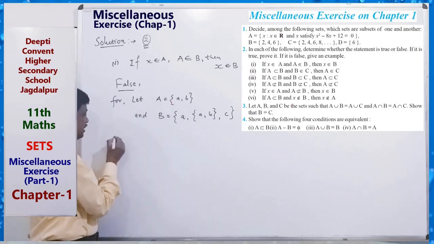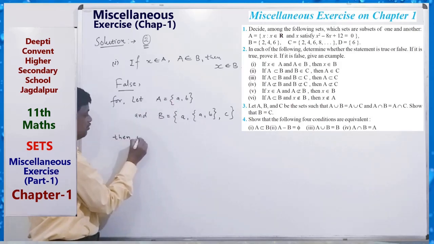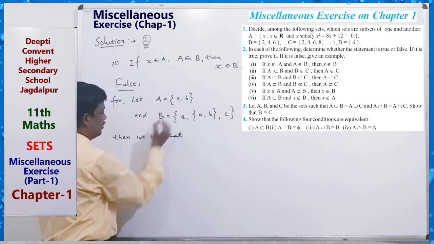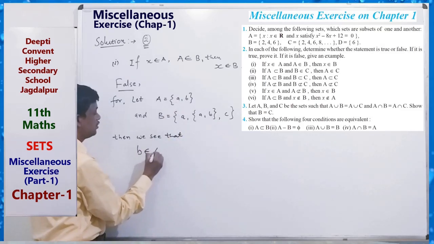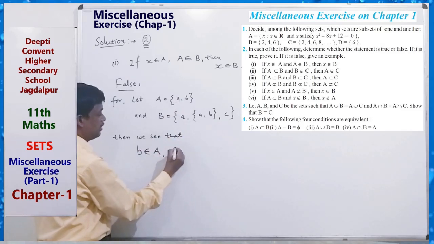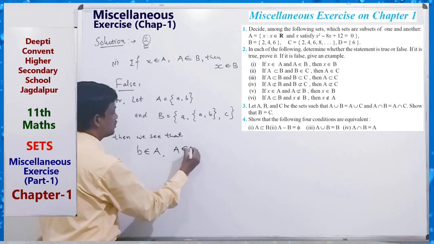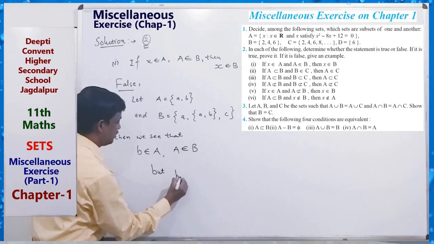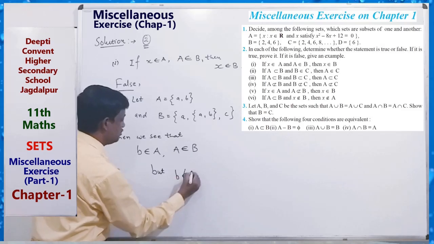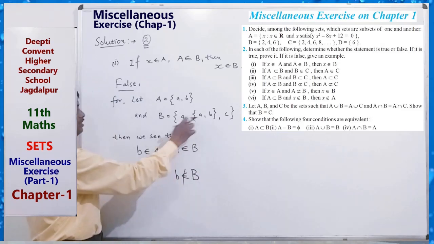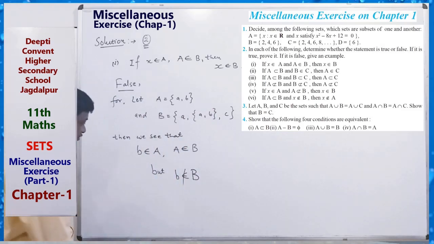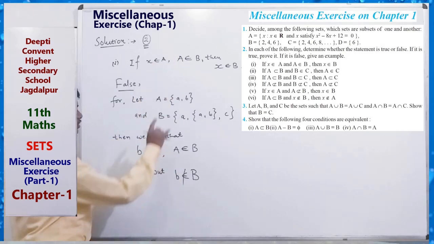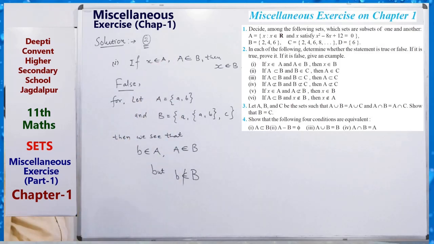Let this and this, then we see that b belongs to A and A belongs to B, but b does not belong to B. So this condition is not satisfied for b.